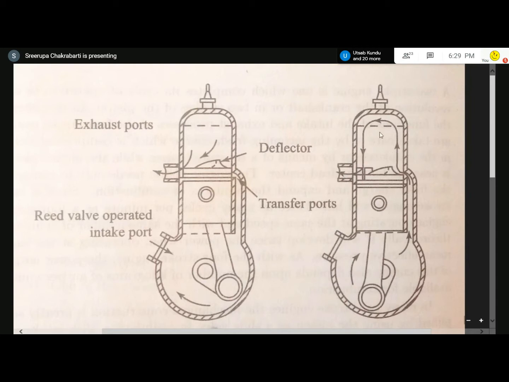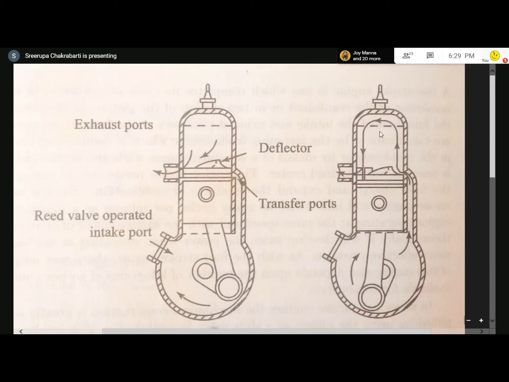This kind of operation is called scavenging. So this is the downward journey of the piston as we are discussing. The initial part of the downward journey was where the spark, the combustion and the expansion did occur. Then after expansion, the exhaust, and simultaneously after that exhaust, the intake and the scavenging took place.